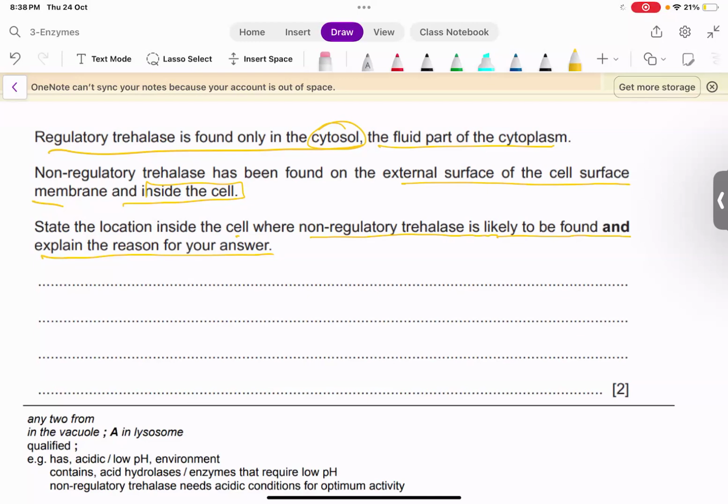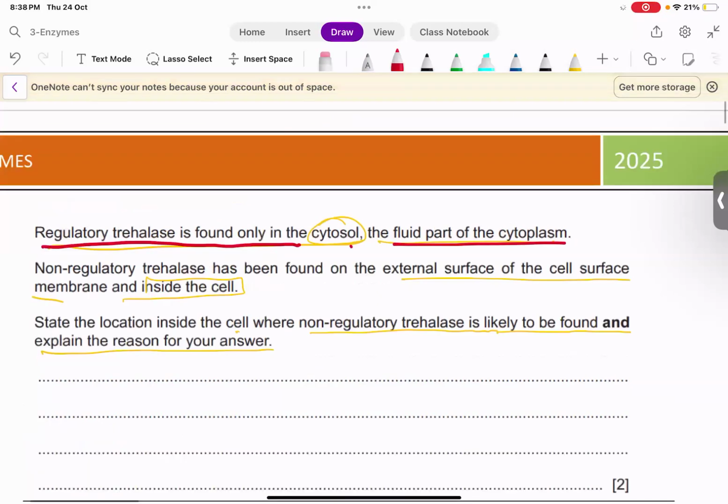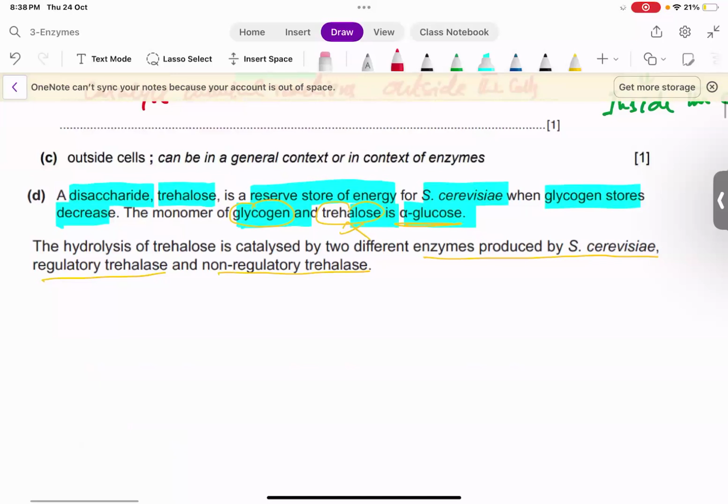Okay. So if you have understood this question, regulatory trehalase is found in the cytosol, the fluid part of the cytoplasm. And what is its role? We will have to look at its role to understand where it could be found.